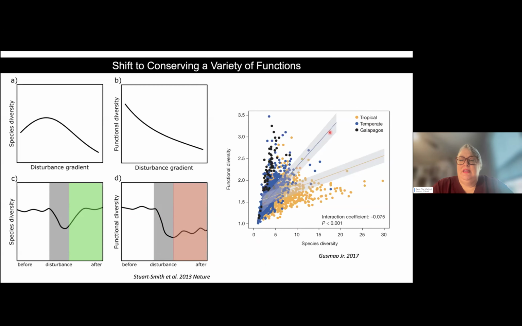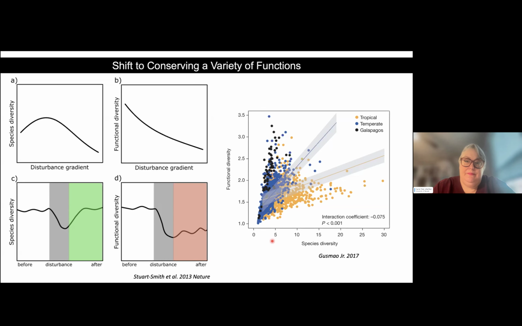And you can clearly see this linear relationship is not a one-to-one, and the slope of that line is different in different places. So it would be really helpful to understand how functional diversity works, what its relationship is to number of species, because that would really shed some light on the best approaches for conservation today and maintaining and preserving healthy ecosystems or restoring them.